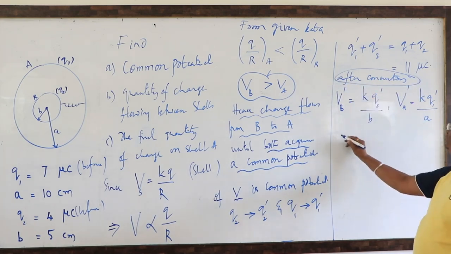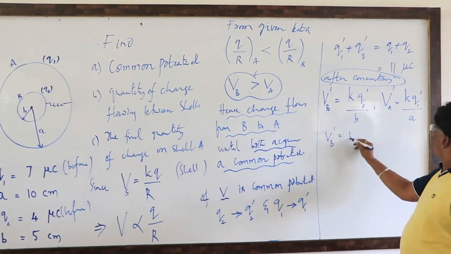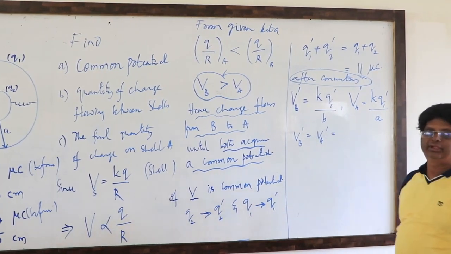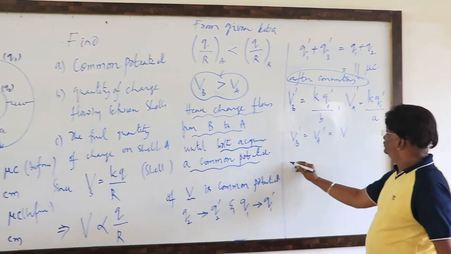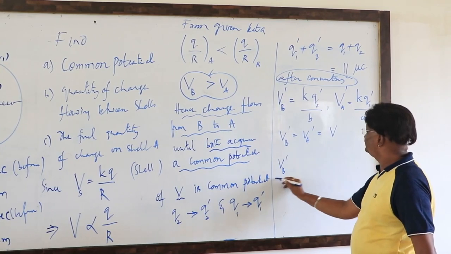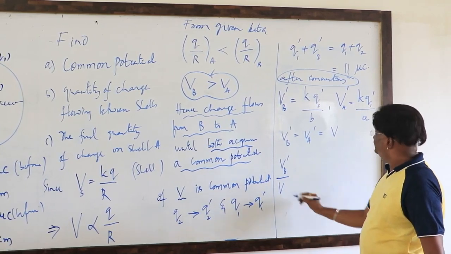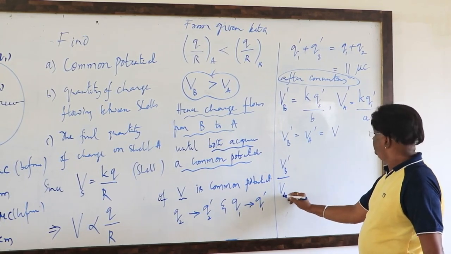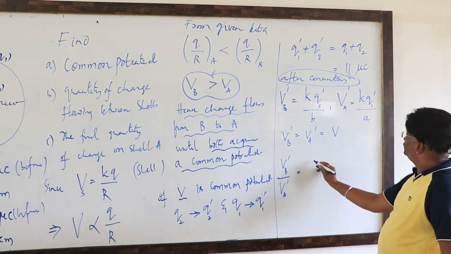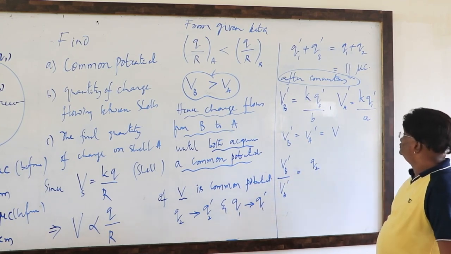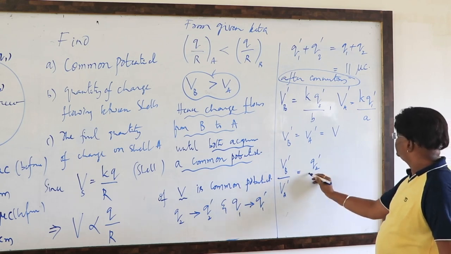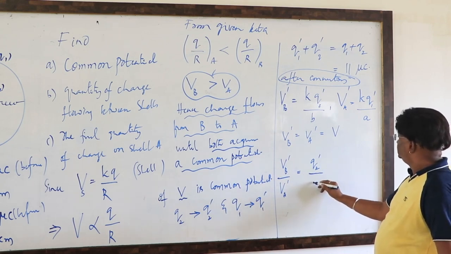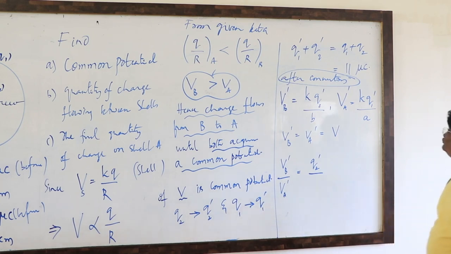Now we know that VB dash is equal to VA dash is equal to V. Both are the same.